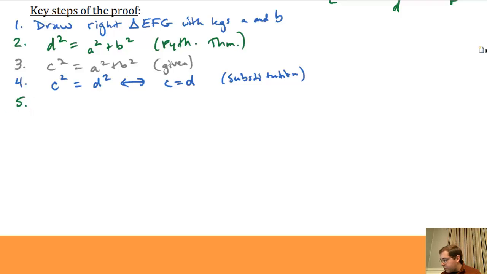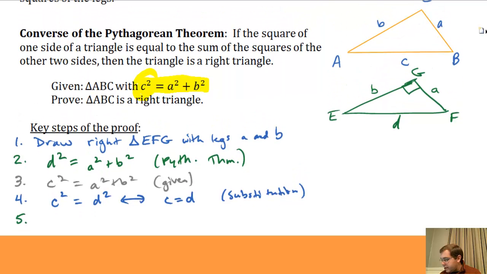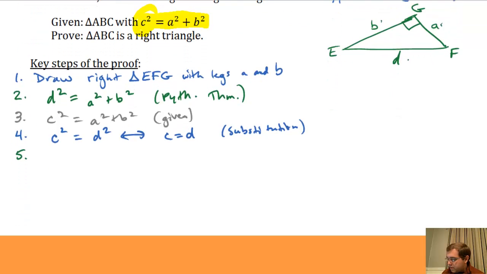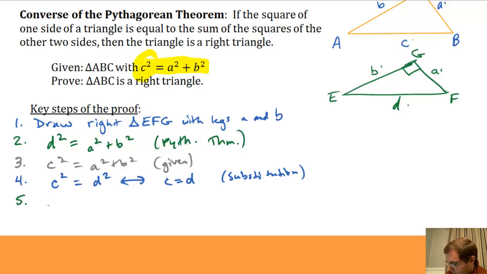But if C equals D, that means all three pairs of sides of my two triangles are congruent to each other. A is certainly congruent to itself, B is congruent to itself, and now C is congruent to D. That means my two triangles, triangle ABC and triangle EFG, are what to each other?